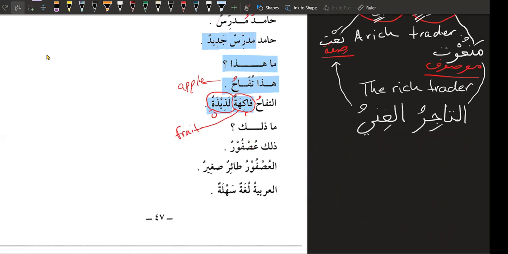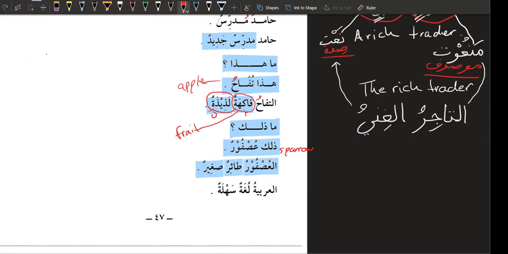So ما ذلك, ذلك عصفور. عصفور would be something like a sparrow or a robin, a very small bird. So it says العصفور طائر صغير.